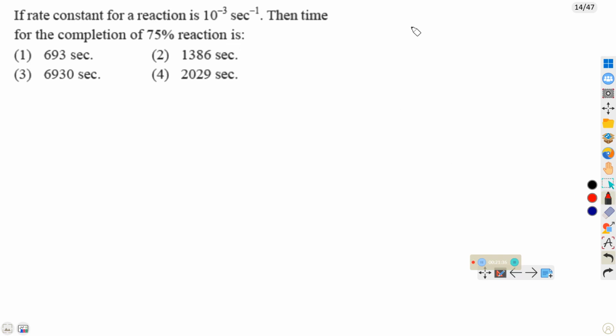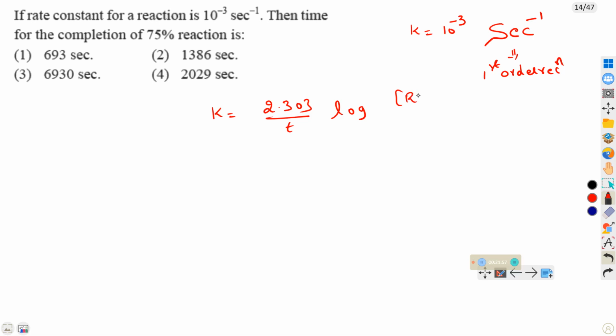The rate constant for the reaction is K equal to 10 power minus 3 second inverse, so it is a first order reaction. For a first order reaction, the integrated rate equation is K is equal to 2.303 by t log of R naught by R. The question is to calculate time. 2.303 by K, with K given as 10 power minus 3, log of 100 by 25, since 75% is completed, R value is 25.